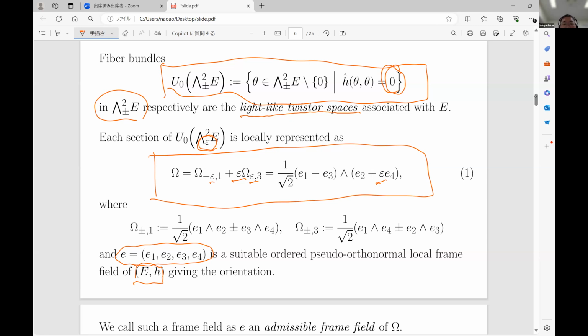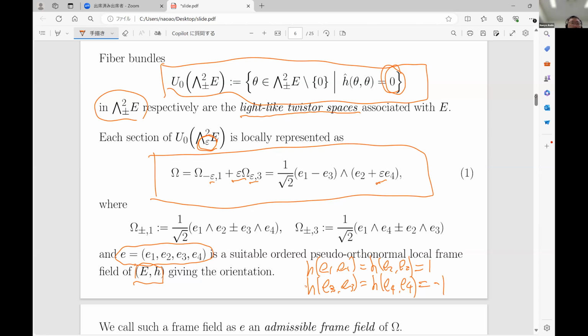We suppose e1 and e2 are space-like, so e1, e2 satisfy these conditions, while e3 and e4 are time-like, so e3, e4 satisfy the second condition.